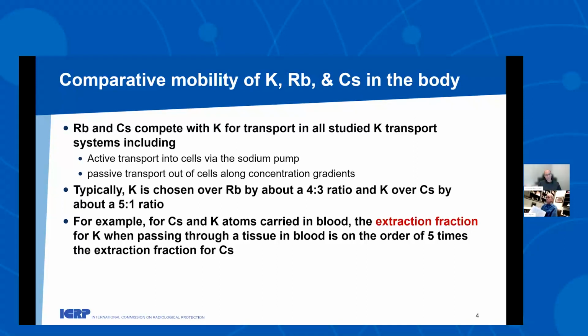Rubidium and cesium have been found to compete with potassium for transport in all the studied potassium transport systems, including active transport into cells via the sodium pump and passive transport out of cells along concentration gradients.